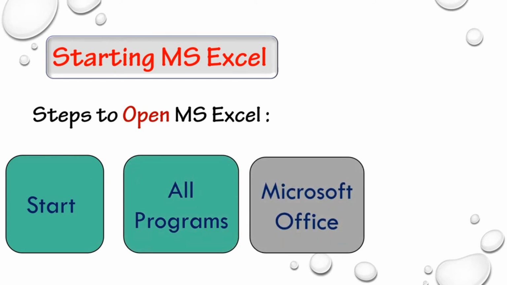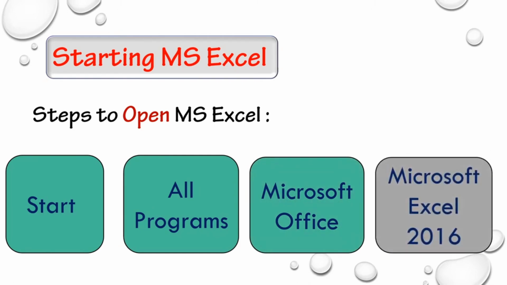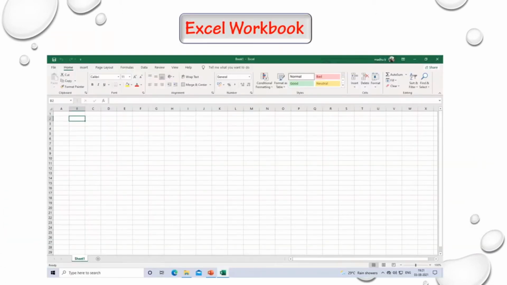From All Programs, select Microsoft Office. From Microsoft Office, select Microsoft Excel 2016. Now we can discuss about the parts of a Excel workbook.